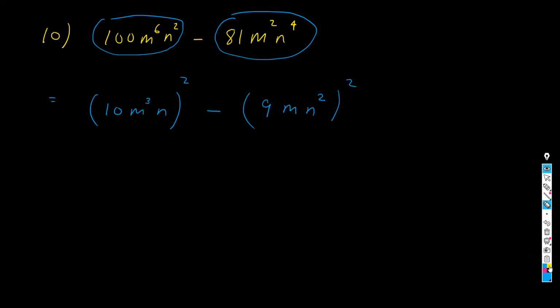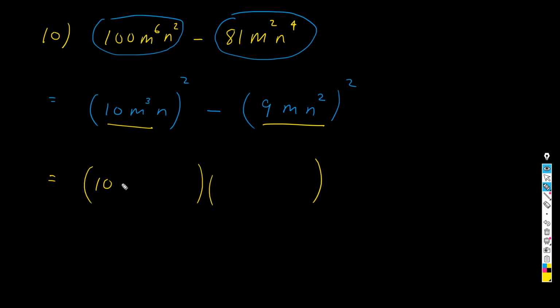Now let's write the full answer. What's going to be the factorization in the end? It's going to be equal to the product, as we know, of two conjugated binomials. And what are going to be those binomials? They're going to be composed of these two terms.